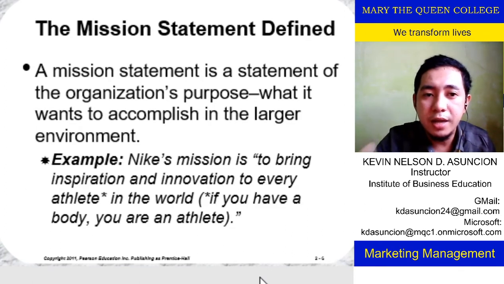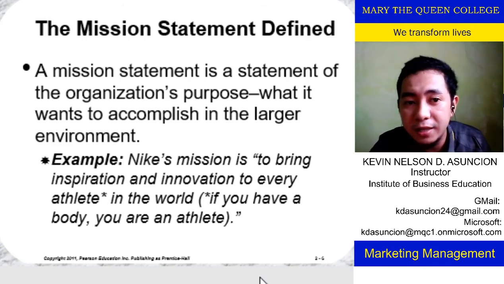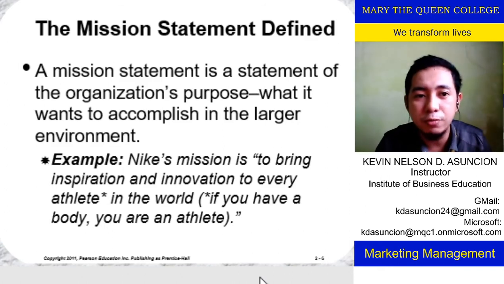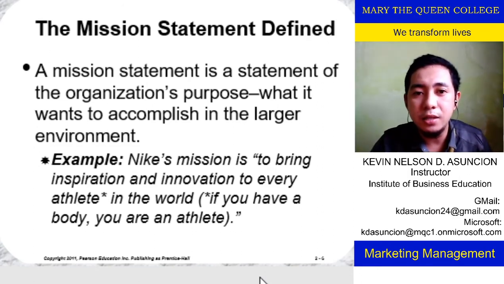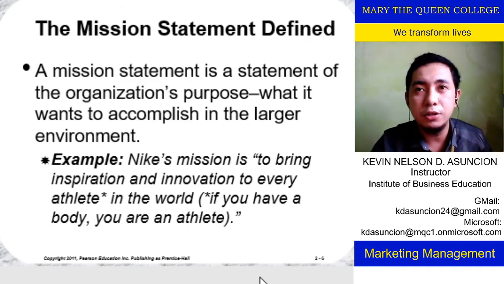Balikan natin. Nike's mission is to bring inspiration and innovation to every athlete. So, what do they need? That's innovation. What do you expect from the business to bring inspiration and innovation? So, that established the identity of Nike, knowing its own company and what they will serve.